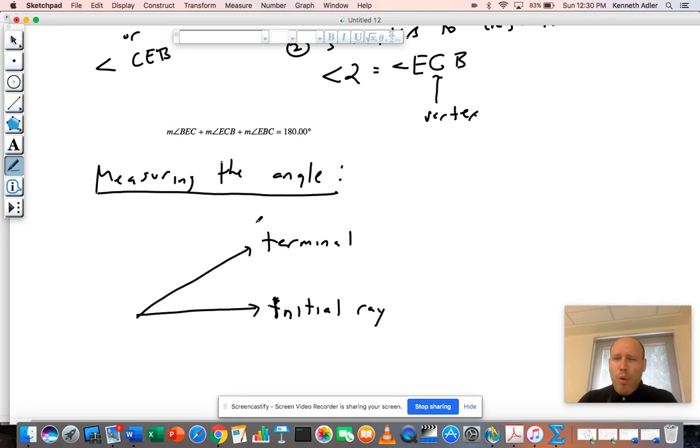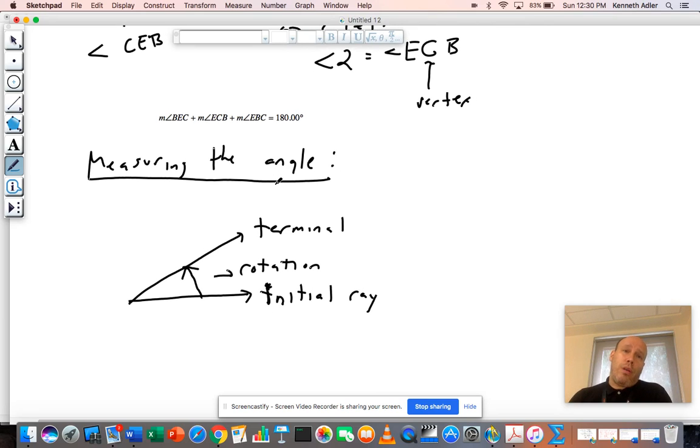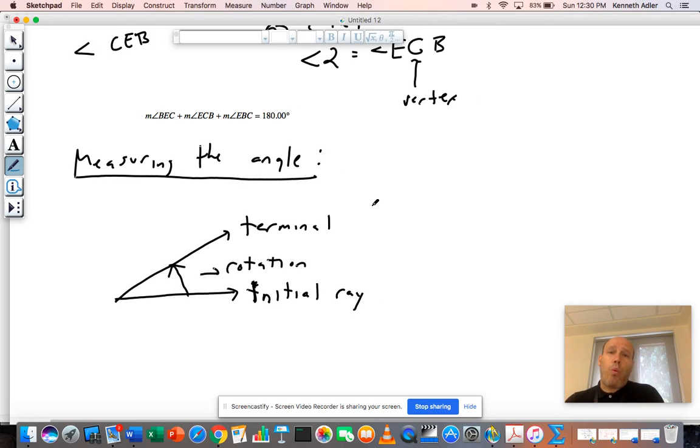The question is, what are we measuring? We're actually measuring the rotation that the terminal ray moves away from the initial ray. It's a rotation. This is what we're measuring. So what are the rotations? Well, we can get a full rotation.